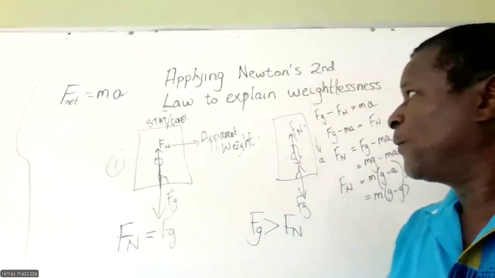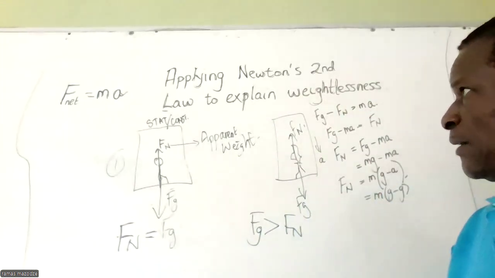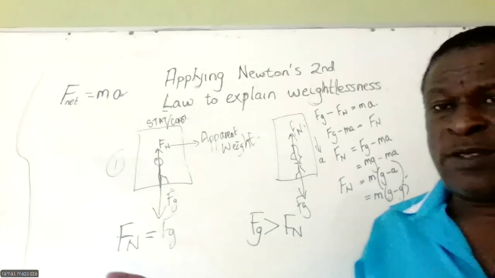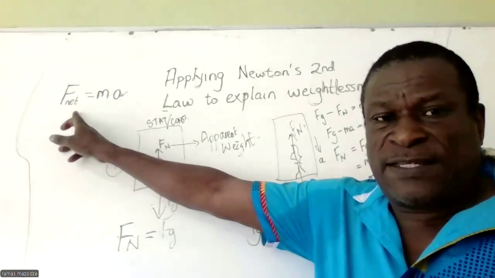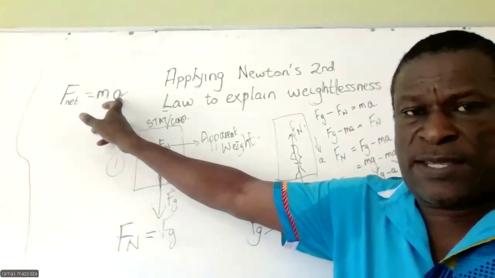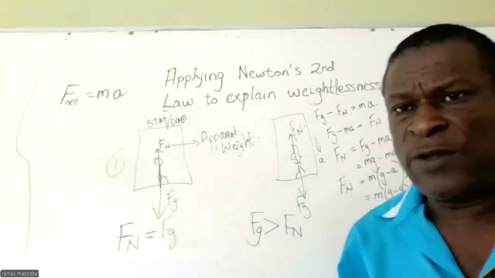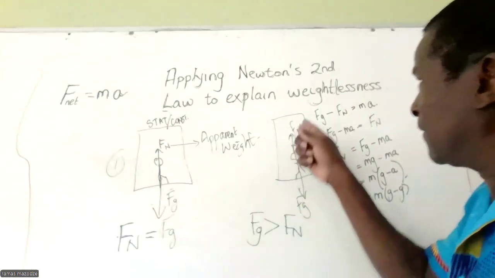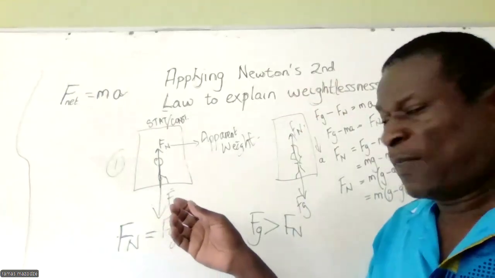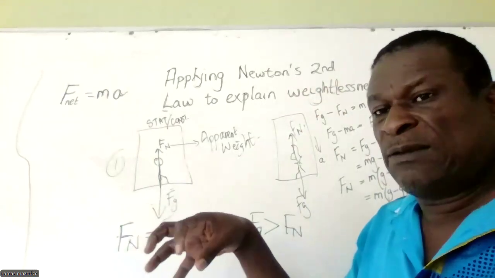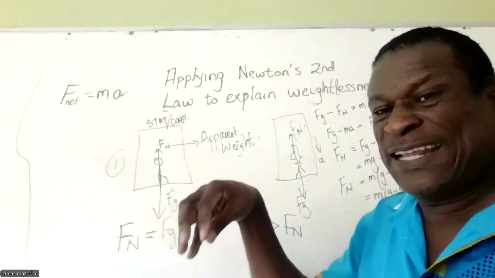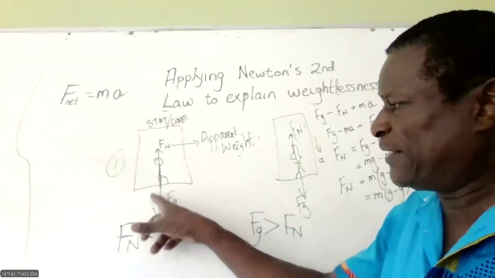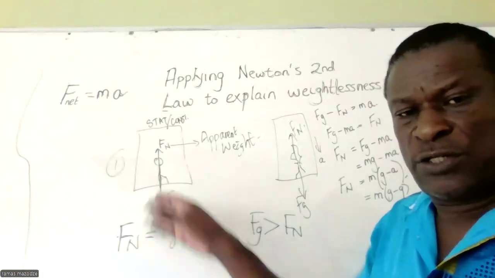Okay, so, Newton's second law, formula-wise, is F net equals m a. That's the first thing that we need to know. Then the next thing I want to explain is the concept of weight. Weight is always directed towards the center of the earth, and it is F_g.